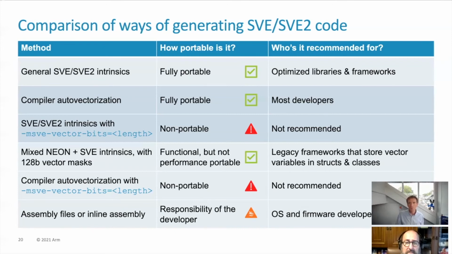It's a good choice for making use of SVE2 features in legacy frameworks that rely on a known vector width, maybe as part of the API that you present to the users of libraries, or to those which need to store vector variables in structs and classes. I don't have time to go through the detail of that, but I'd refer you to the ACLE specification, which talks about that in more detail.